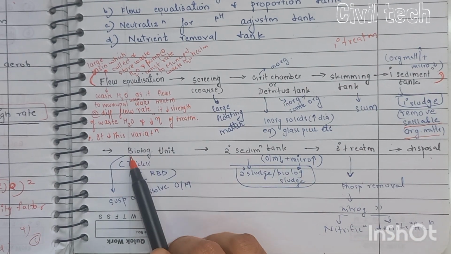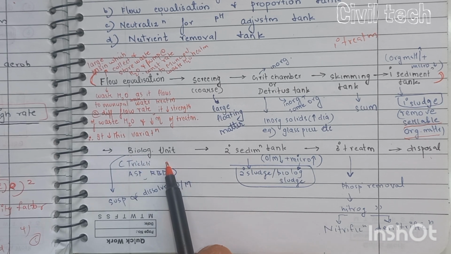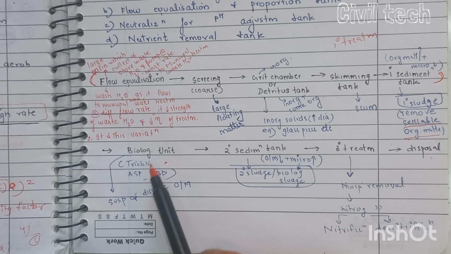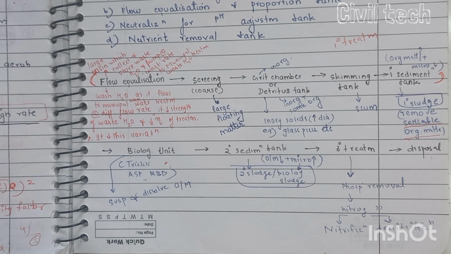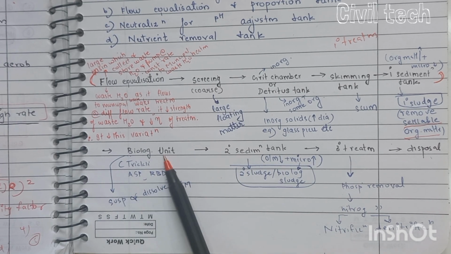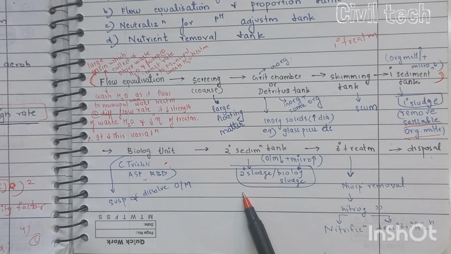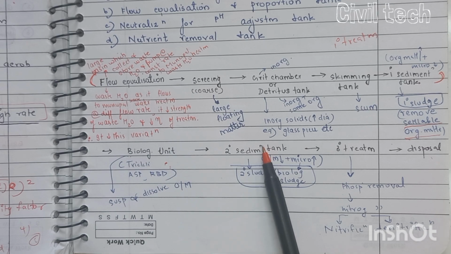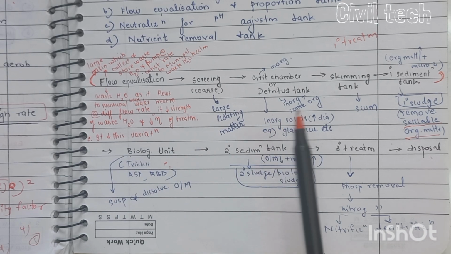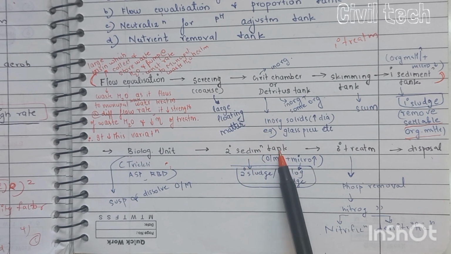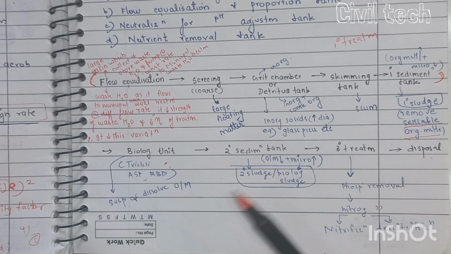Then it goes to biological unit, which can be activated sludge process or trickling filter, etc. Then here what is removed? Suspended and dissolved organic matter is removed. Then it goes to the secondary sedimentation tank where here it is secondary sludge or biological sludge, because here the amount of organic matter is less compared to the microorganism or living cells. Then from here it goes to the tertiary treatment.